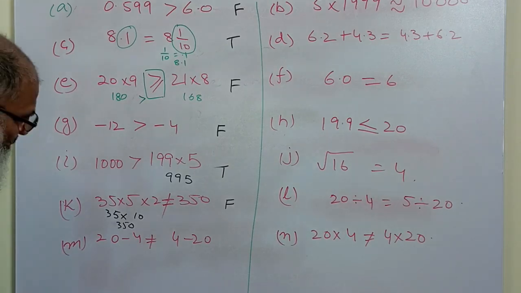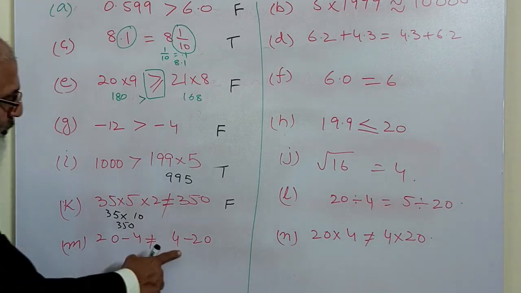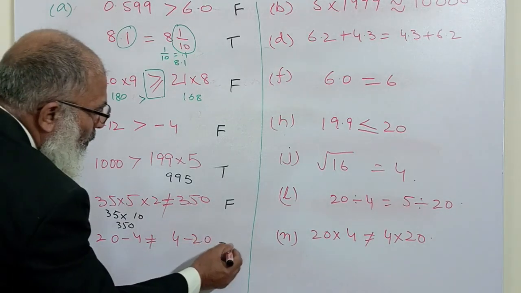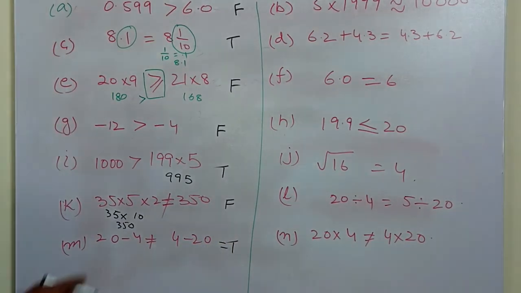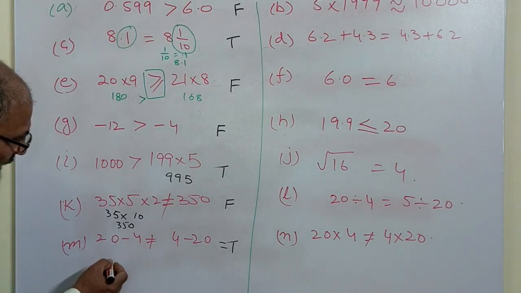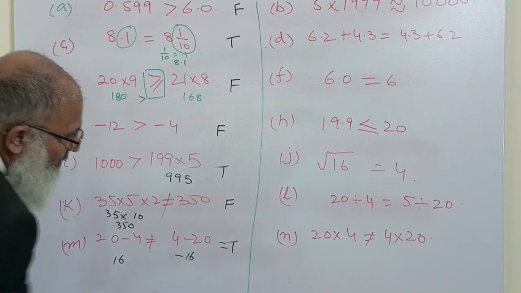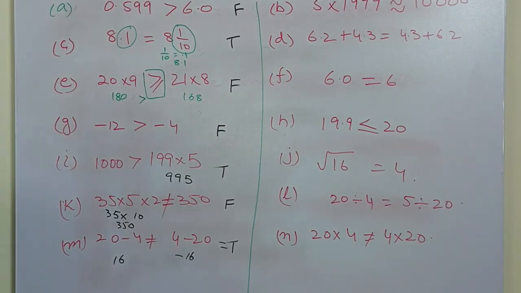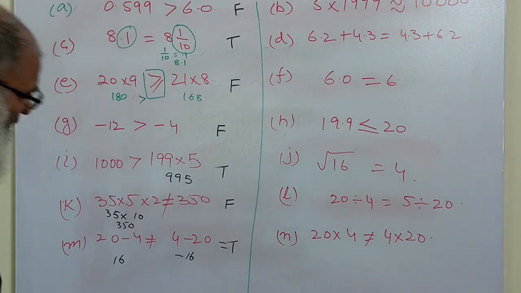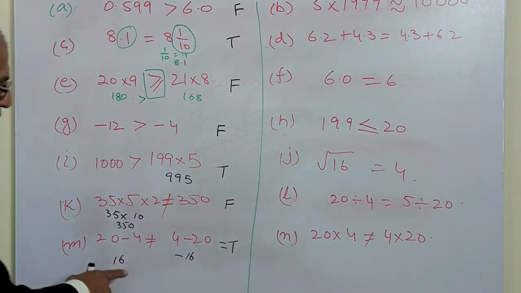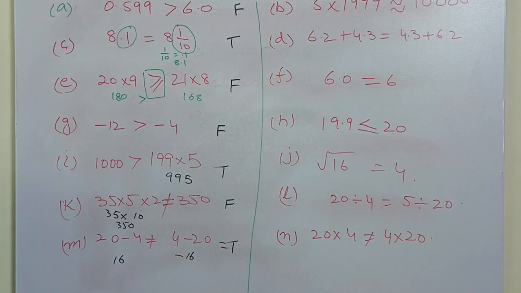Part M: 20 minus 4 is not equal to 4 minus 20. It is true, because for this it comes 16 and for this it comes minus 16. So this is true because it is not equal over here.